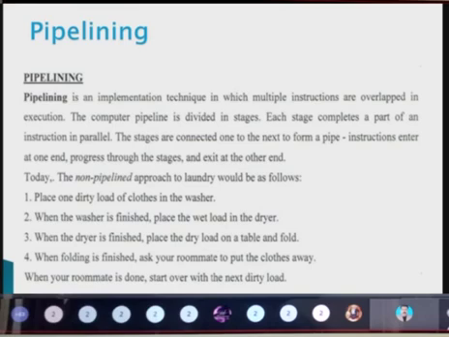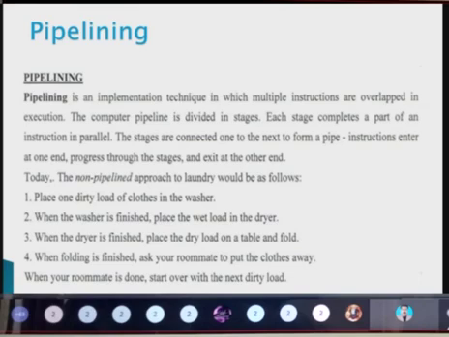For example, if I take a non-pipeline approach for laundry, I place the set of dirty clothes in the washer. When the washer is finished, I place the wet load into the dryer. After the dryer is finished, I place the dry load on the table and fold it.